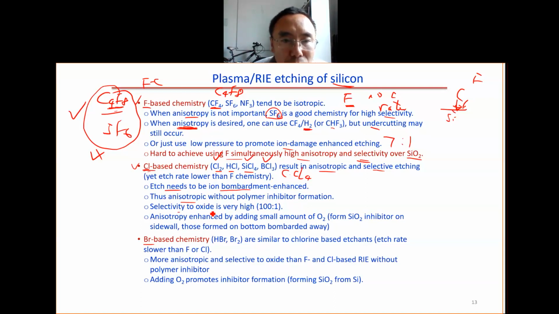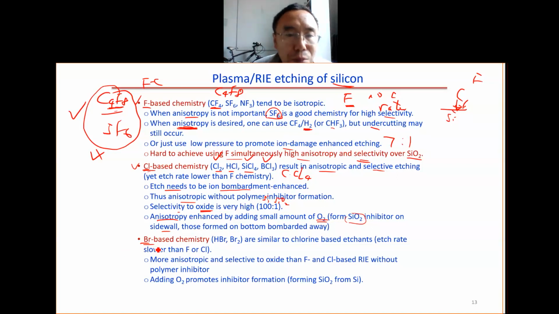The etching of oxide is very slow, so we get very high selectivity. The etching rate of silicon can be 100 times the etching rate of silicon oxide. If we add some oxygen, we get more anisotropy because it will form silicon oxide on the sidewall, while the silicon oxide on the bottom will be bombarded away.